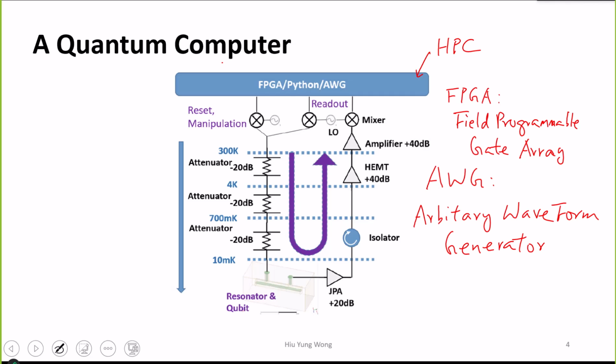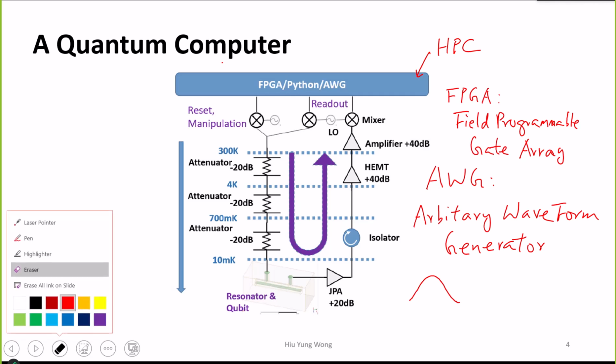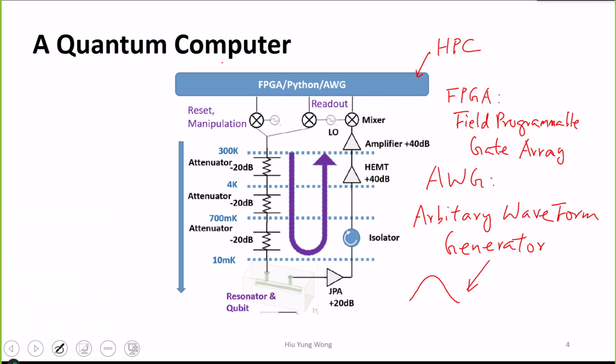So you want to generate a certain shape of pulse, for example, this one, like this. Okay, so how do you generate this? You can program it. It is so easy, right? You just say, okay, at 10 microsecond, 10 millivolt, 11 microsecond, 12 millivolt. You just digitize it, and then you generate the waveform that you want.